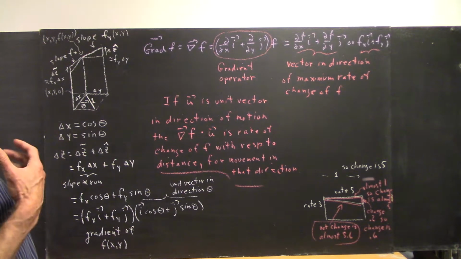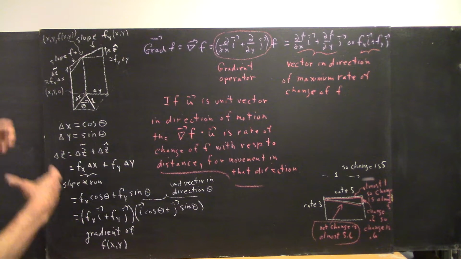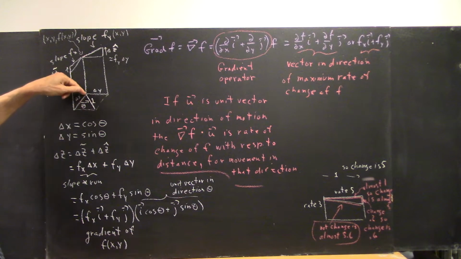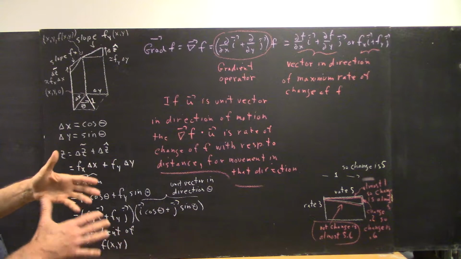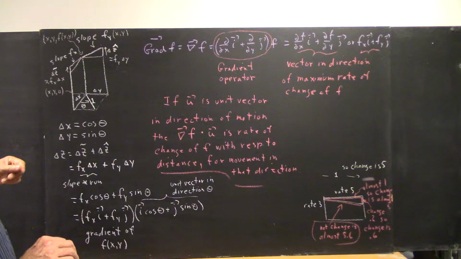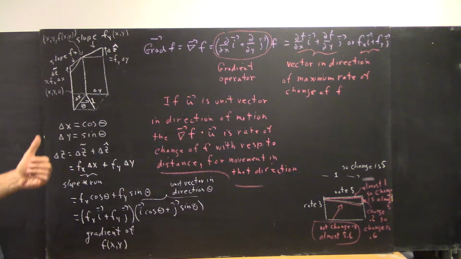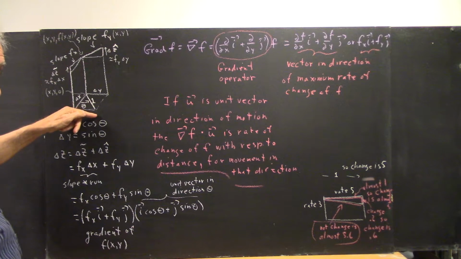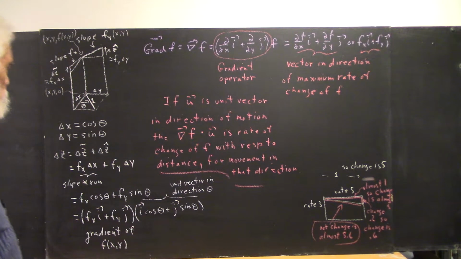Now, we wouldn't actually try to predict the change in the value of our function over a distance of 1 unit unless we knew that the derivative was changing very slowly, that the second derivative was small enough that the derivative would not change much over a distance of 1 unit. That's not generally true. Hardly ever would it be true for the kind of functions we usually look at. Well, in some cases it might be.